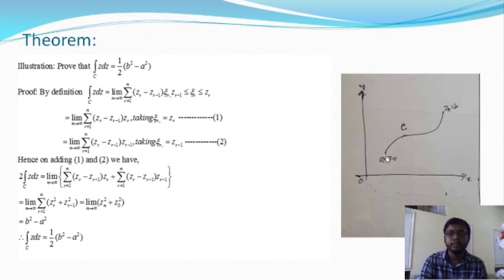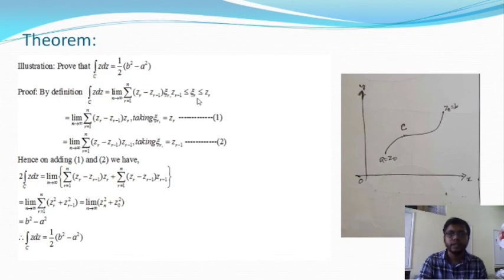So now applying the Riemann definition of integration, we will get the integration over C of z dz equal to the limit as n tends to infinity of summation over r equal to 1 to n of (z_r minus z_{r-1}) into xi_r, and xi_r is the moving point and lies in any arc, say between z_{r-1} and z_r. That means z_{r-1} is less than or equal to xi_r, less than or equal to z_r.